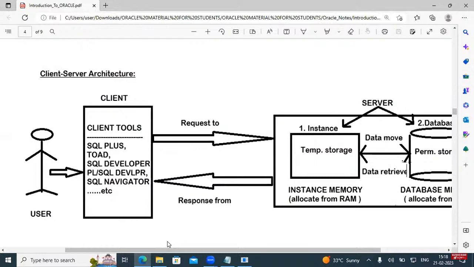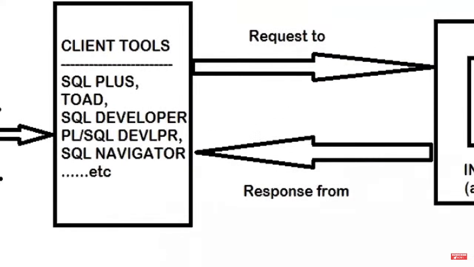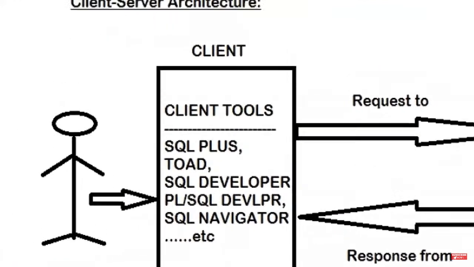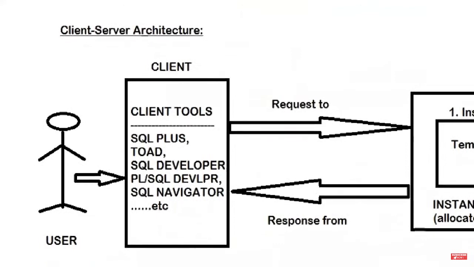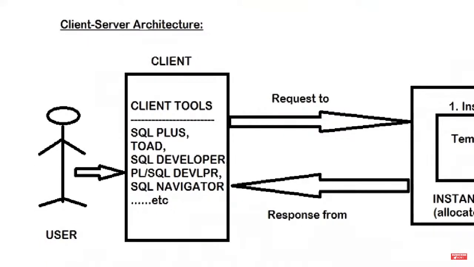Is it visible? Now we can check. Take the client server architecture above, then take this diagram below.